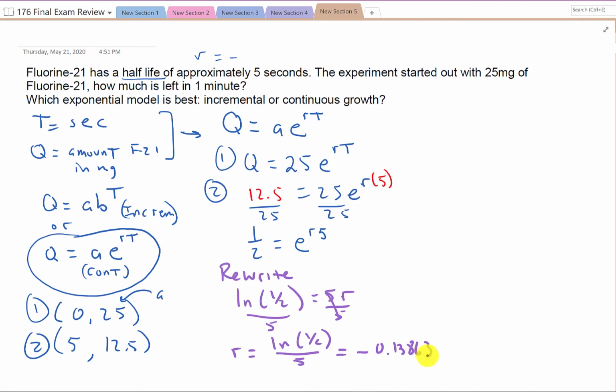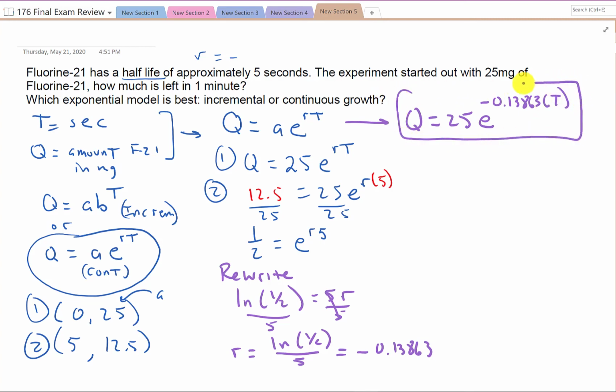So that means our model is finished. We found the model Q equals 25 e to the negative 0.13863 times t. That's the mathematical model for this fluorine 21.